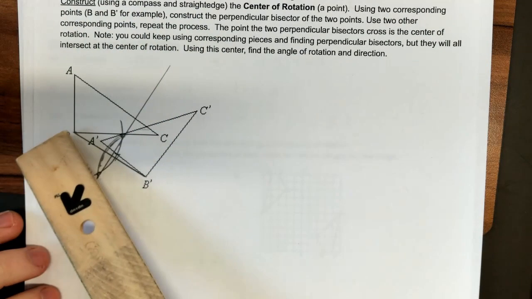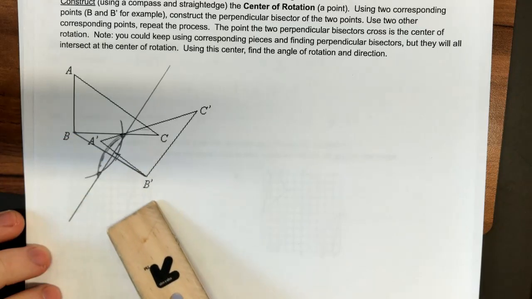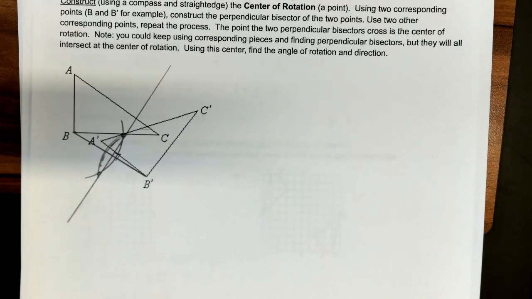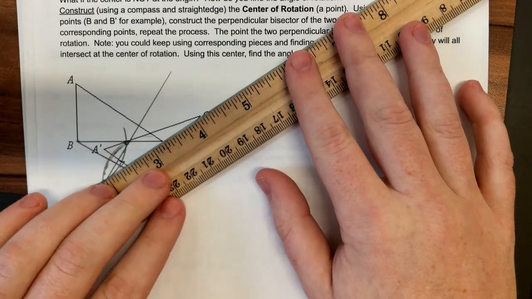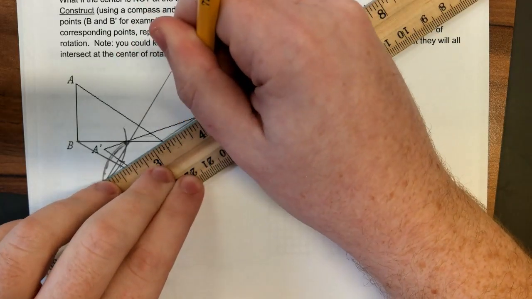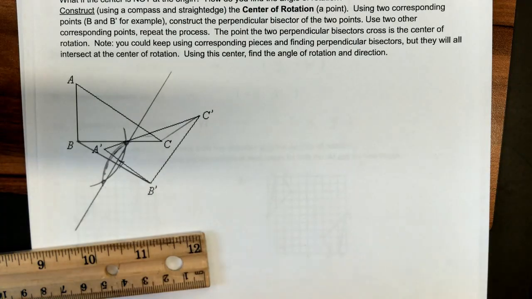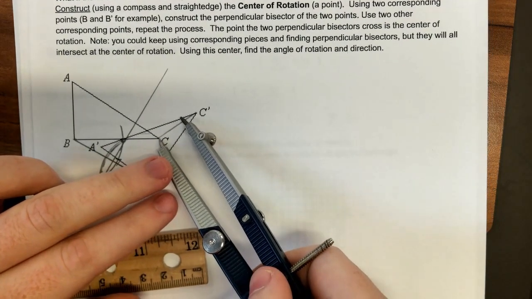As we had said, we want to make a perpendicular bisector between B and B prime. If you're trying to find the center of rotation, though, you just need to make another perpendicular bisector between any two other points. So I'm going to go between C and C prime just because those are the most accessible right now. As a reminder, once again, we extend out our compass to just past the halfway point.